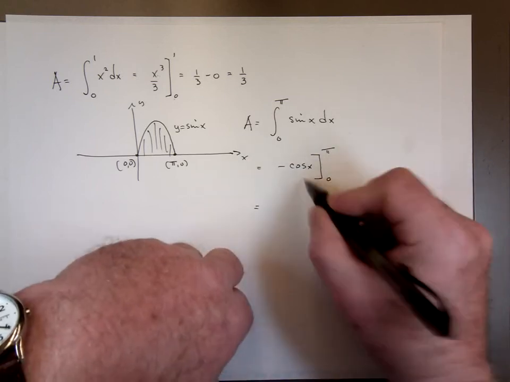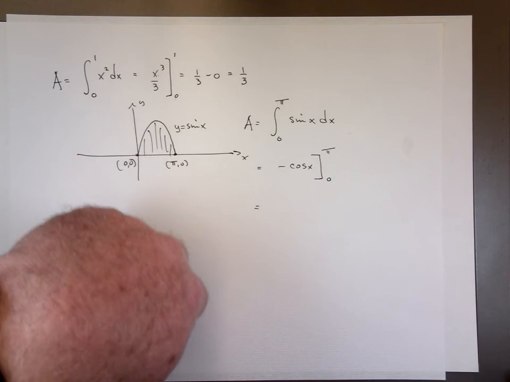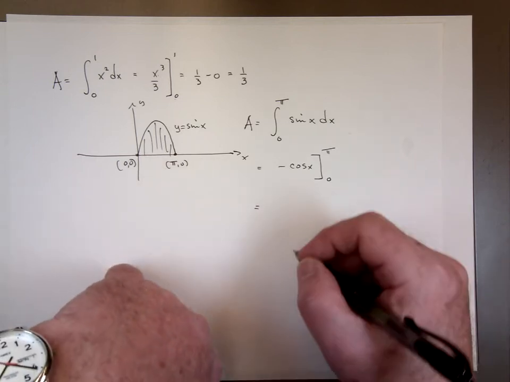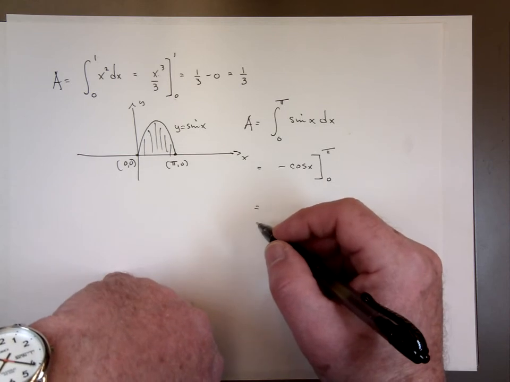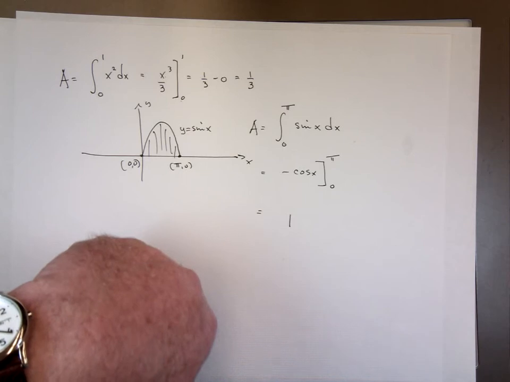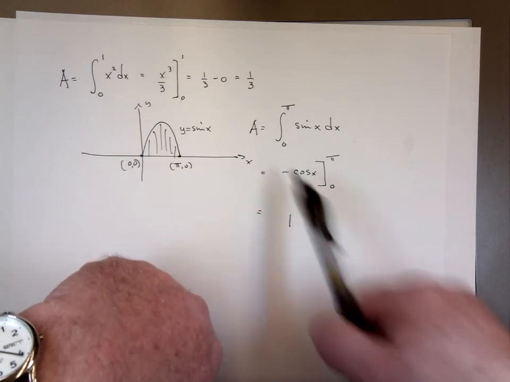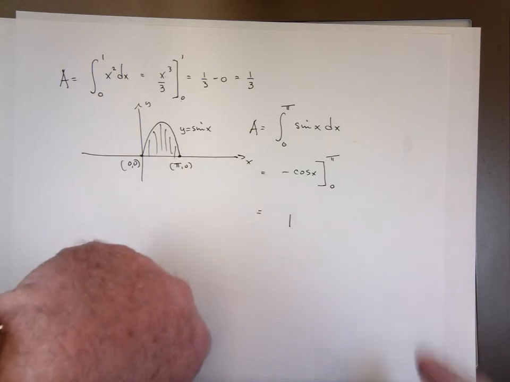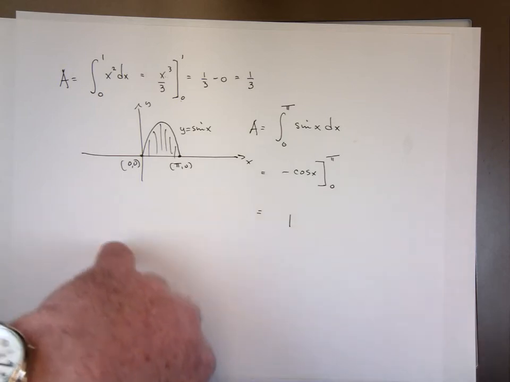Negative 1. So we're taking the opposite of that, so that comes out to be 1, which is what she was doing. She already took the opposite of it, and then put in a 0, so minus minus is plus. Cosine of 0, what's the cosine of 0? 1. The exact area under that sine wave is 2.